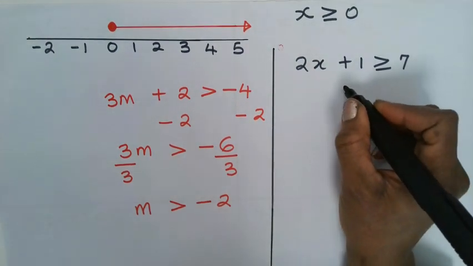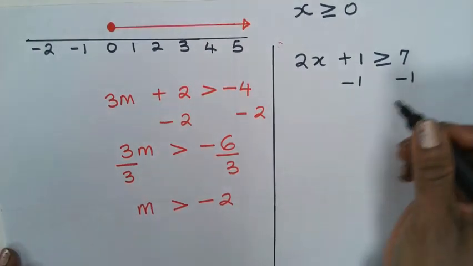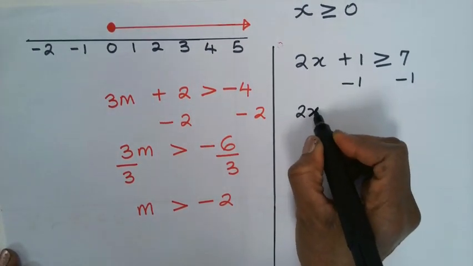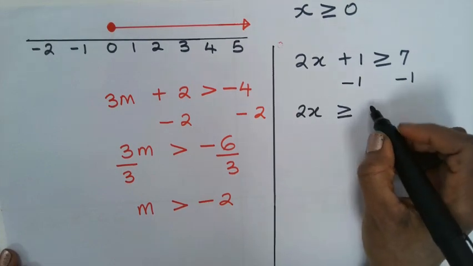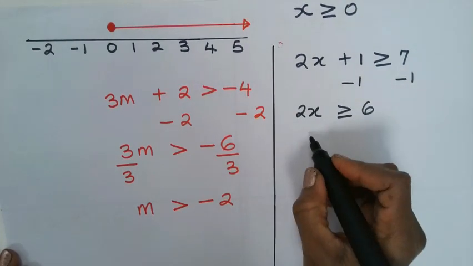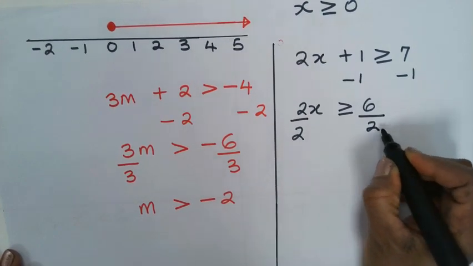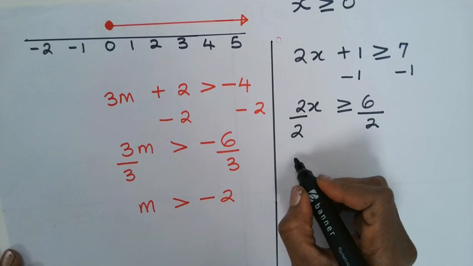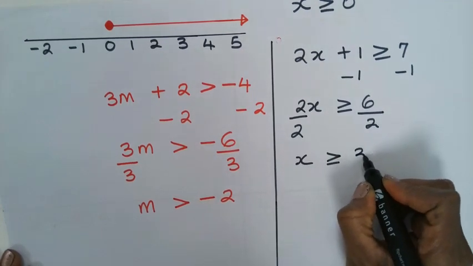Okay, so we take away 1 from both sides, so we got 2x is greater or equal to 6. Now we're going to isolate x, and we have x is greater or equal to 3.